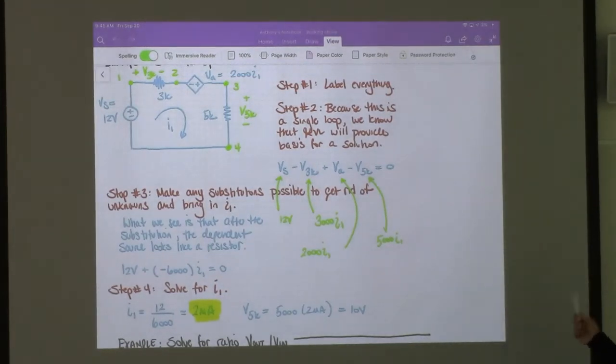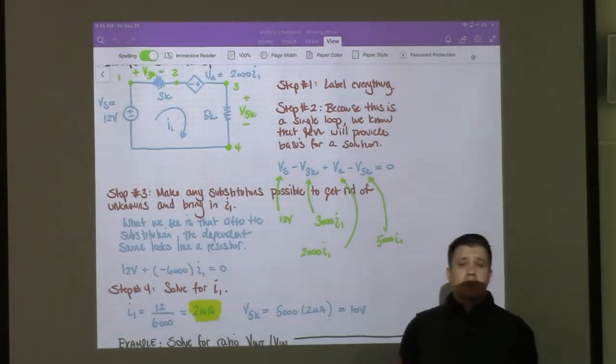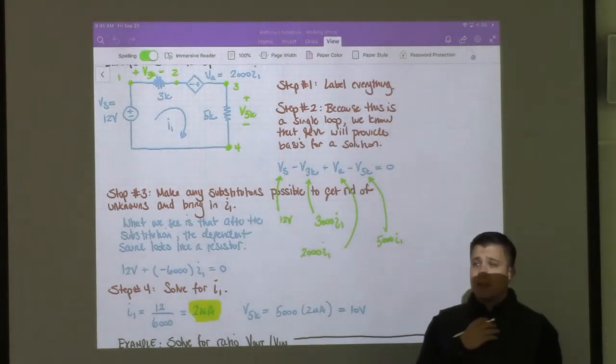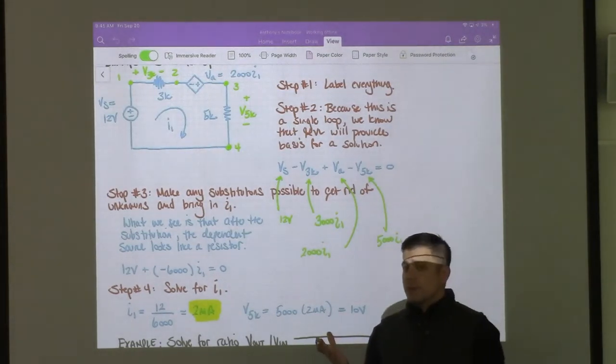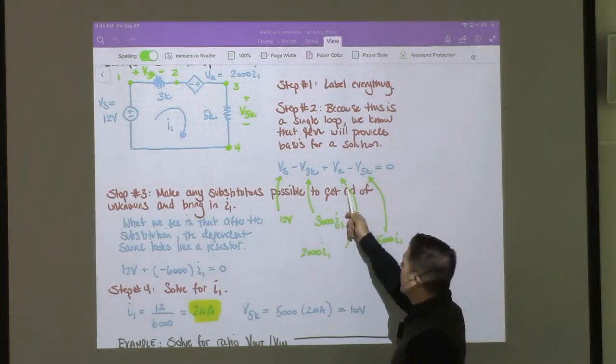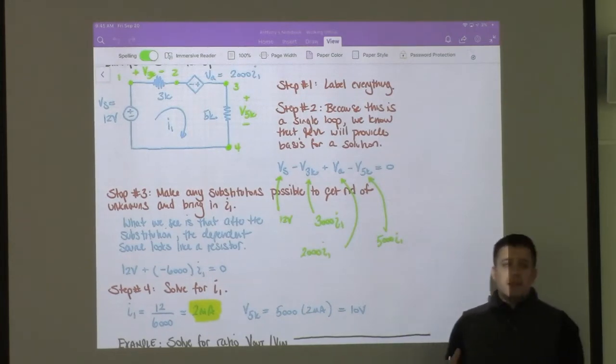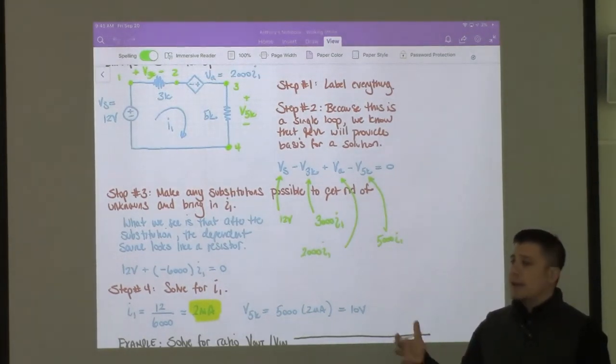So it's 3,000 times I1, 5,000 times I1. And then for the dependent source, it's a no-brainer what the substitution is going to be. We're going to use the dependent relationship. So we plug that in with 2,000 I1. So once you plug in all the values, you'll see that the dependent source actually ends up looking like a resistance, actually a negative resistance because the sign is opposite, but it's just something times I1.